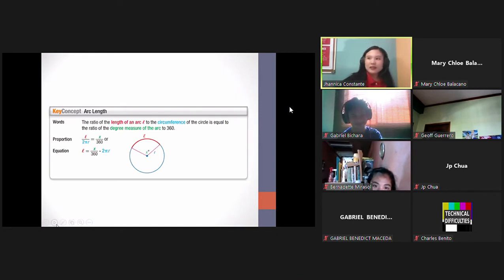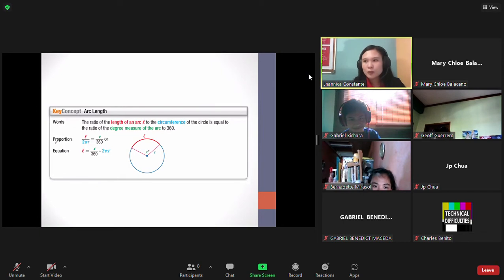So arc length is the circumference of the circle times the degree measure of the arc over 360. We have the formula in finding the arc length of our circle. You can choose between these two formulas. It's the same.